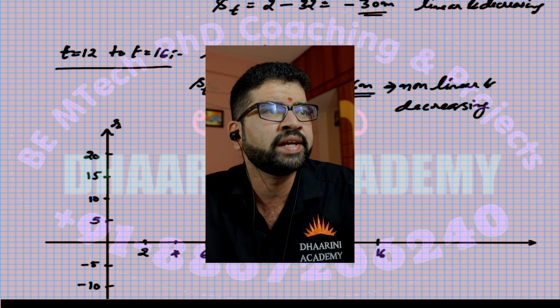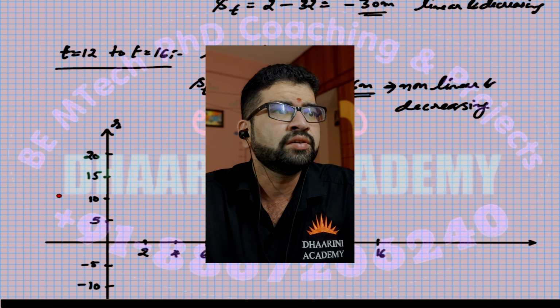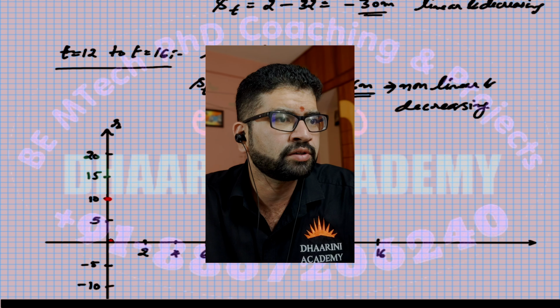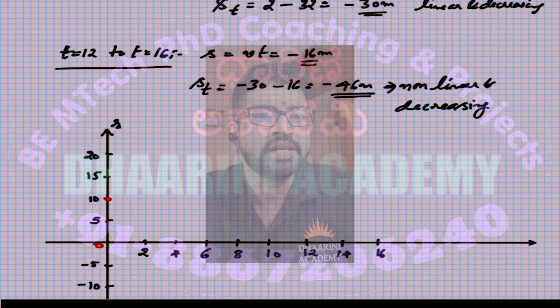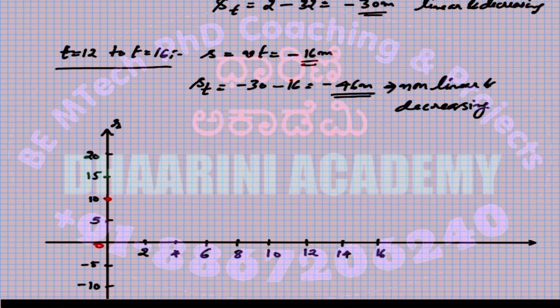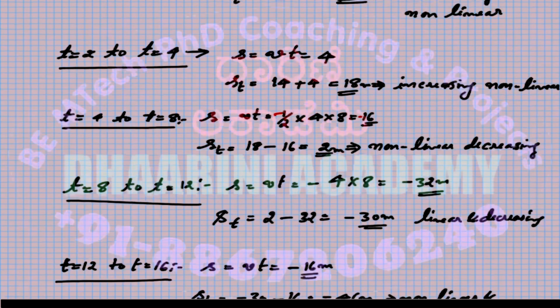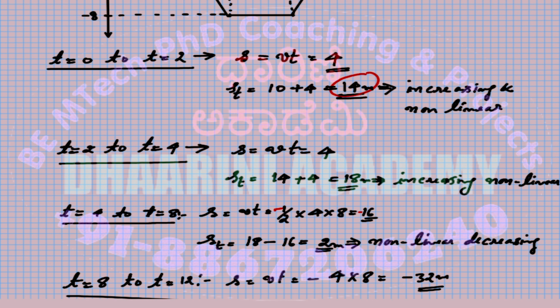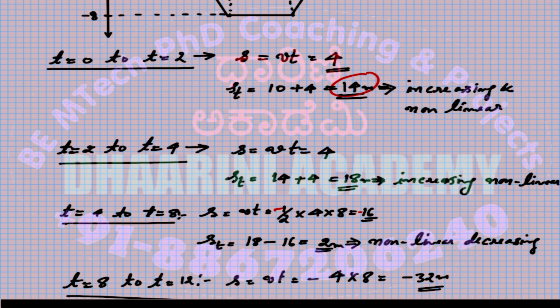So obviously I need to start my graph from here. This is the point where it starts, because at t equal to 0, that's the distance. Then you go one by one. At t is equal to 2, it reaches 14 and it is increasing in a non-linear fashion. So it has to reach 14 first.